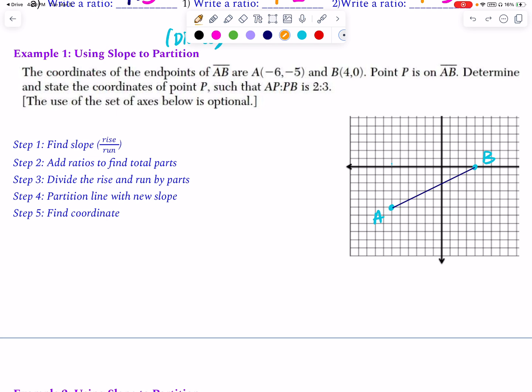The slope is positive, so the rise is 1, 2, 3, 4, 5. Right, step 1. And the run is 1, 2, 3, 4, 5, 6, 7, 8, 9, 10. So the rise over run is 5 to 10. Step 2, add ratios to find the total parts.